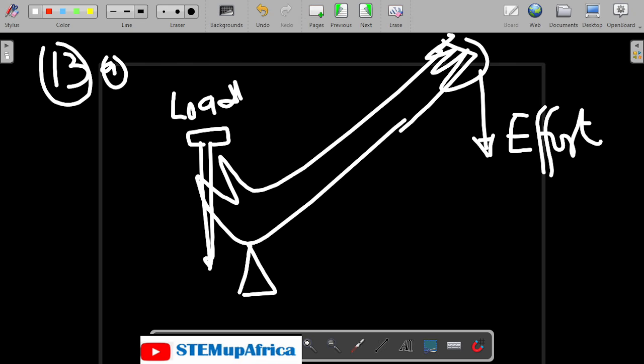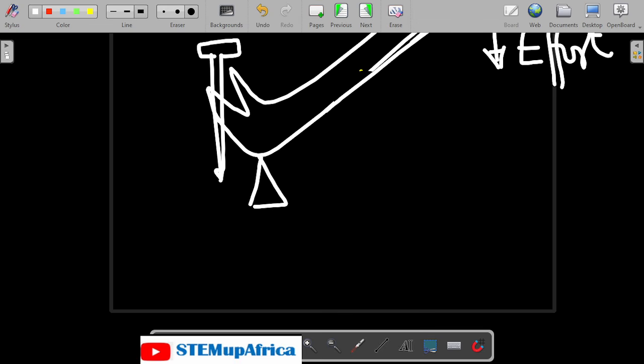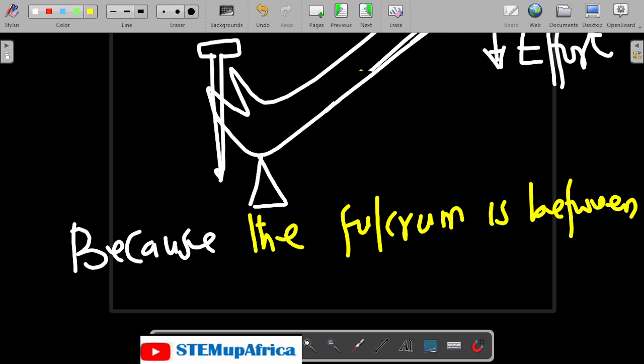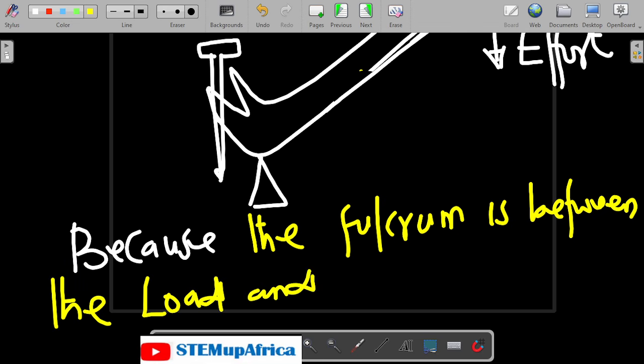So a claw hammer is classified as a first class lever because the fulcrum is between the load and the effort.